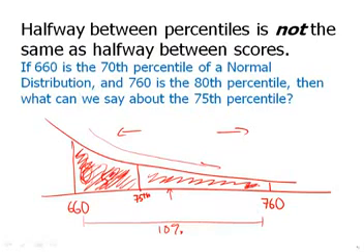So 5% would be on one side and 5% would be on the other side. And notice that this is lower than the score right between them. So the score right between them would be 710, exactly between 660 and 760. And so the 75th percentile has to be lower than 710. So again, this is a very subtle problem, but this could come up on some of the more difficult math questions on the GRE.